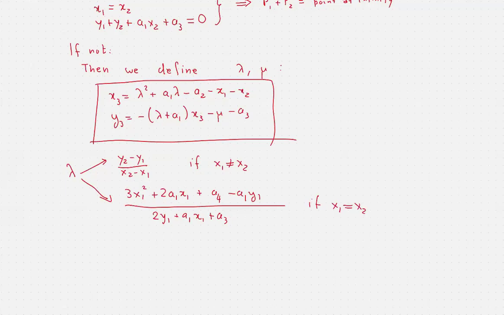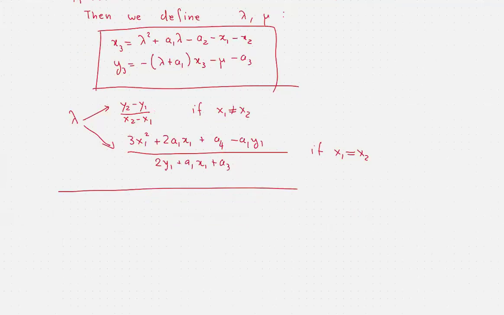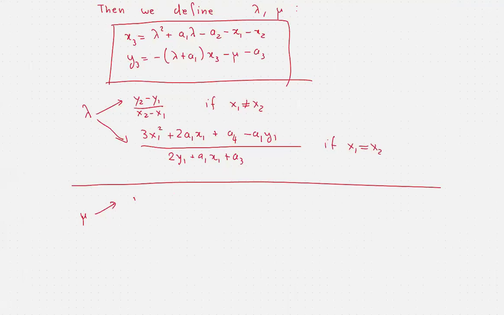And how about mu? Mu again has a simple expression if x1 and x2 are different from each other. So we have (y1 x2 minus y2 x1) over (x2 minus x1). This is if x1 is different from x2.